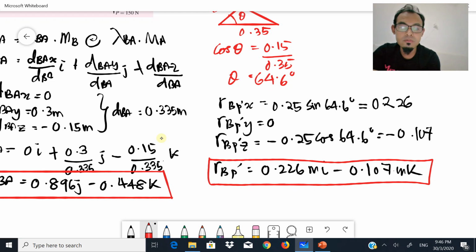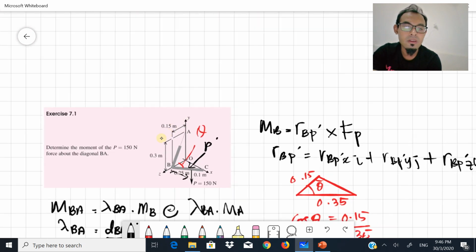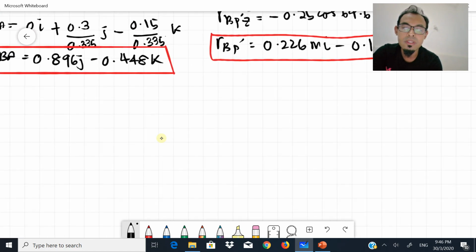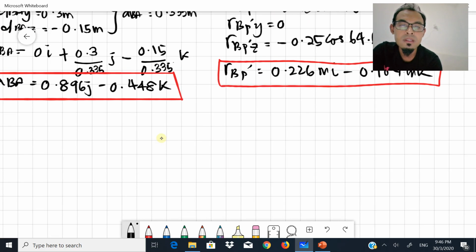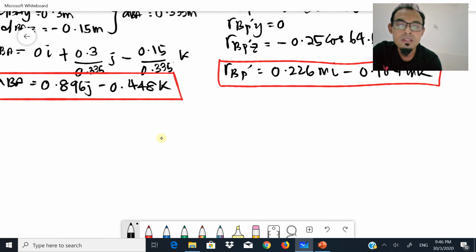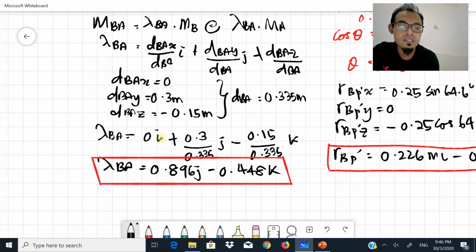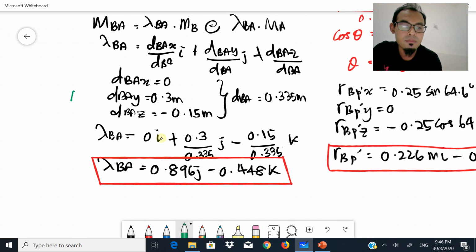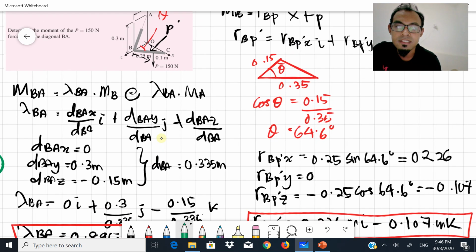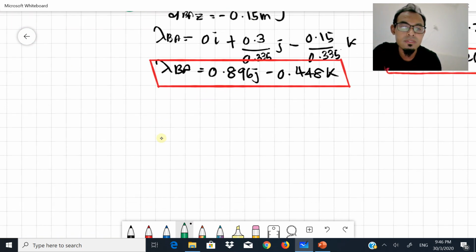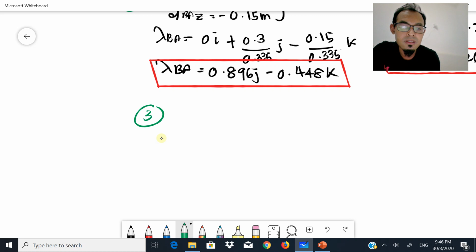Alright, next we have F_P. Remember, this is the first step, this is the second step, and the third step is we find F_P in vector form.